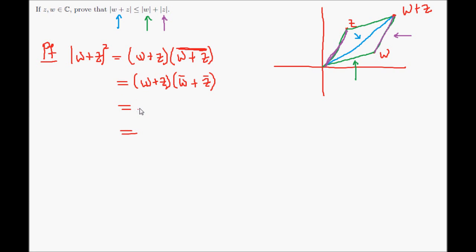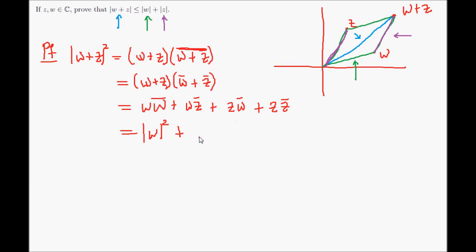Okay, so let's multiply this together. We get w times w conjugate plus w times z conjugate plus z times w conjugate plus z times z conjugate. Now the first part is absolute value w squared.